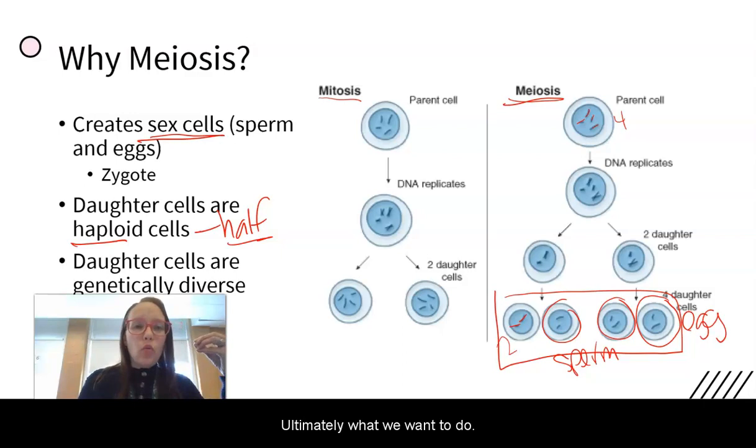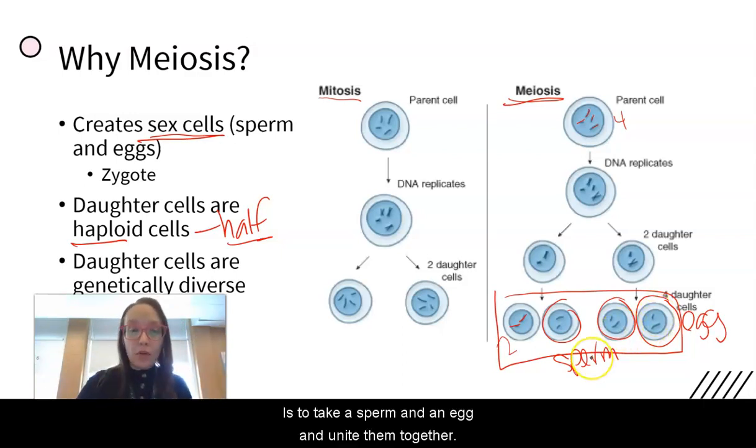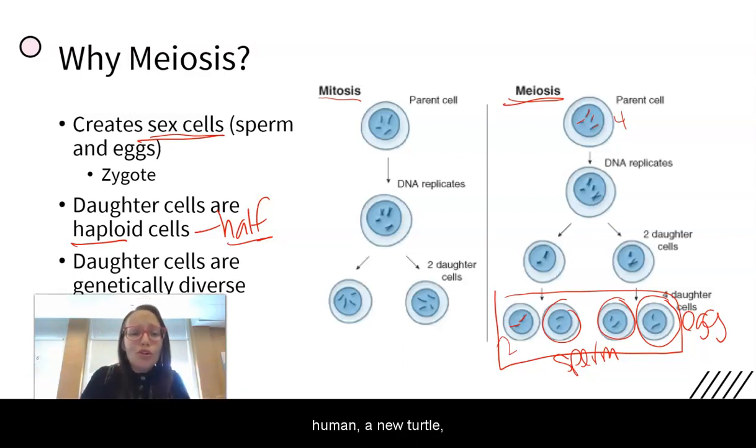Ultimately, what we want to do is to take a sperm and an egg and unite them together so that we can make a new organism, whether it's a new human, a new turtle, a new frog, whatever it is.